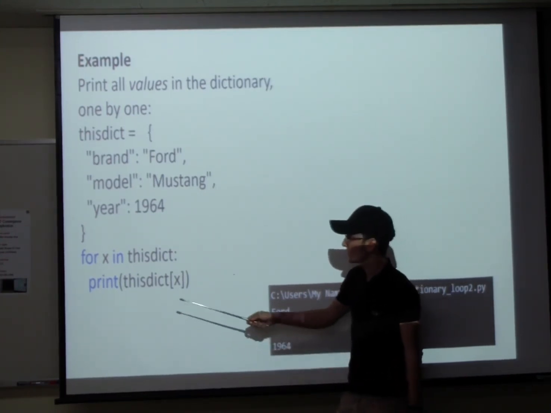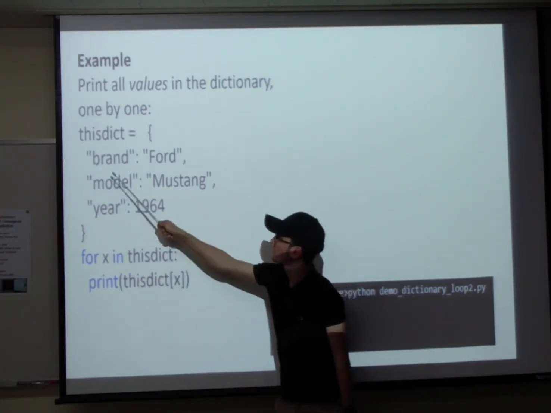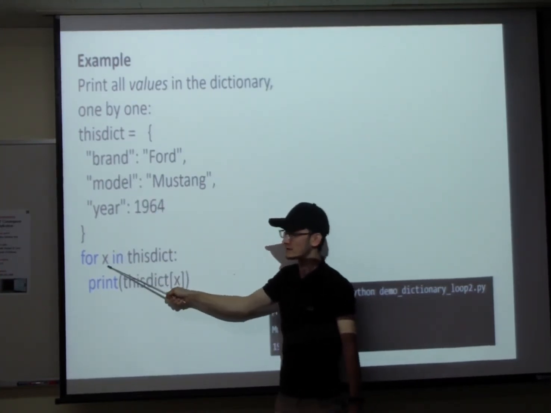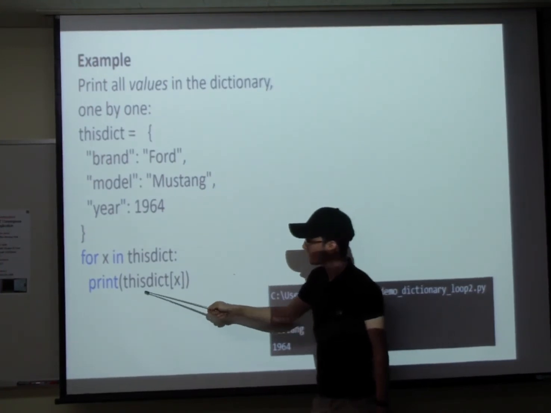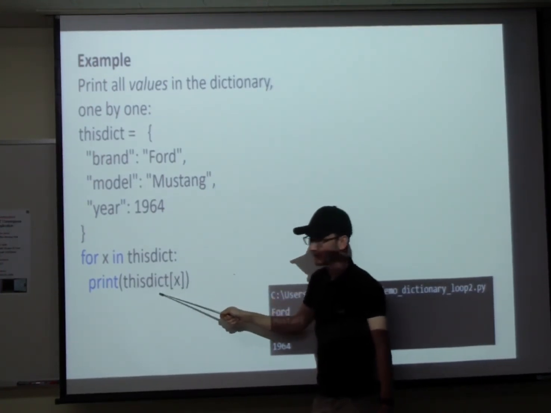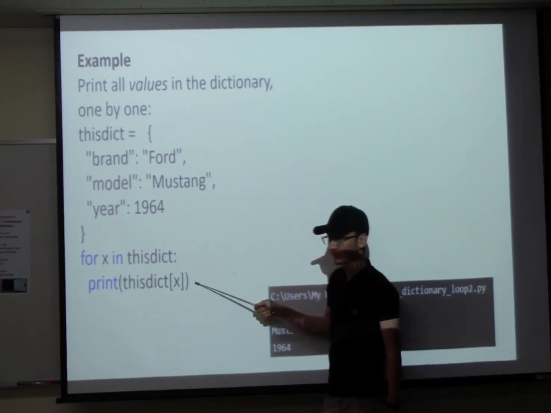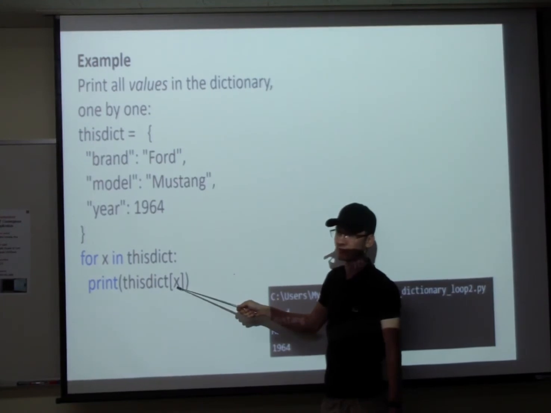First x will get what? Brand. Now our x is brand. And now we are printing this dict in the square brackets, brand. Now we will have not brand, but its value.